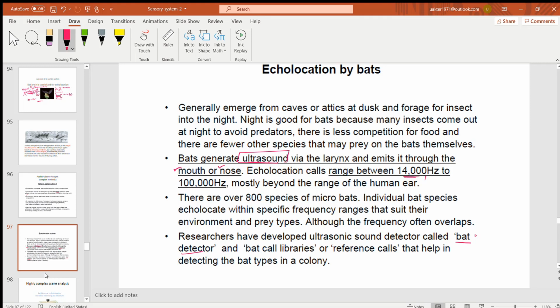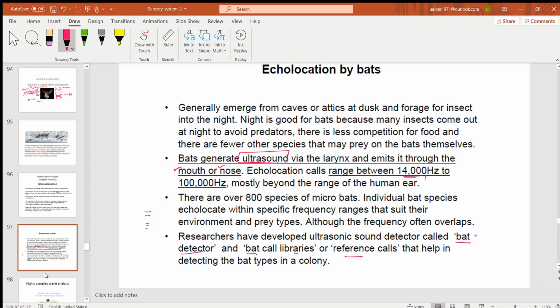So it also can tell you what kind of bat that could be, because different species of bats have different types of sounds. As I told you, FM, CF, FM-CF bats. So if it is a CF sound or FM, by recording that, we can also tell what kind of bat is in that area.